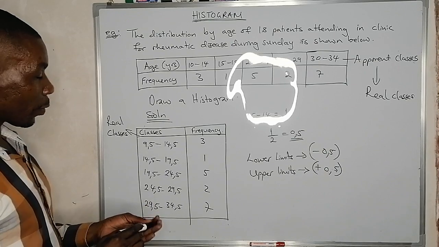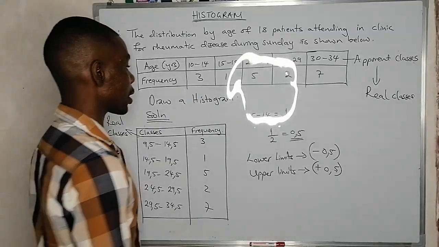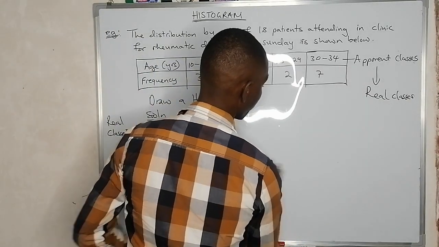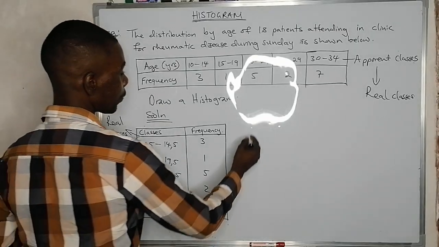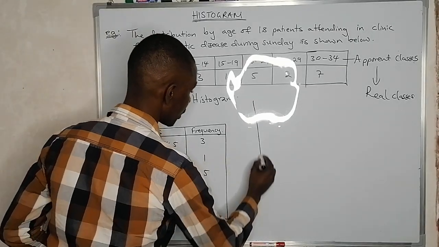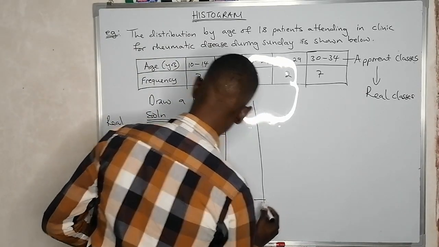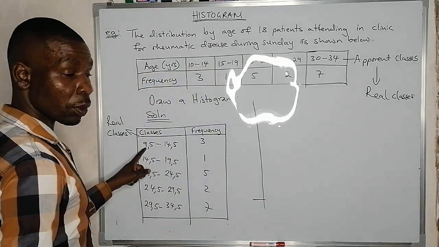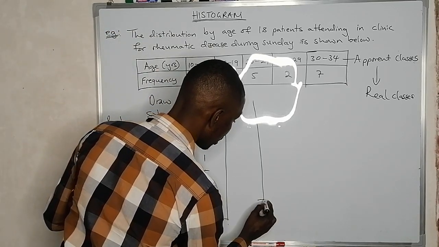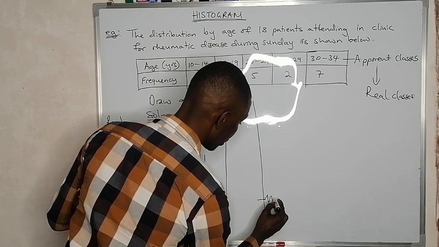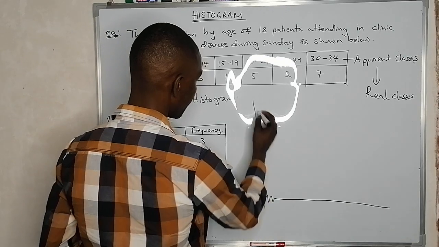So for our histogram, we can use real classes to plot. Now we can have our Cartesian plane. Since we are not starting from 0, we start from 9.5 up to 34.5.